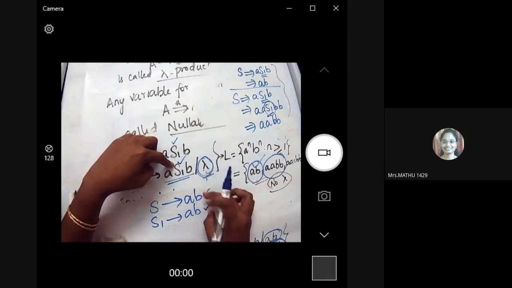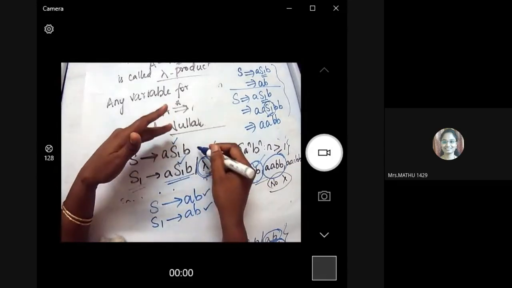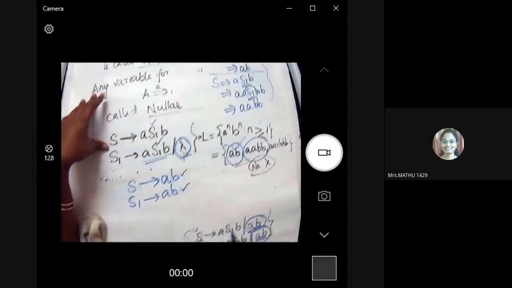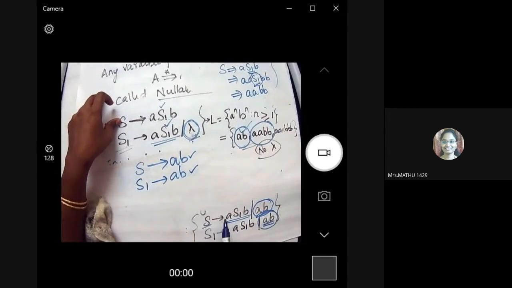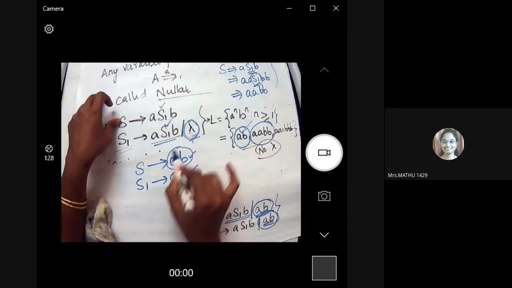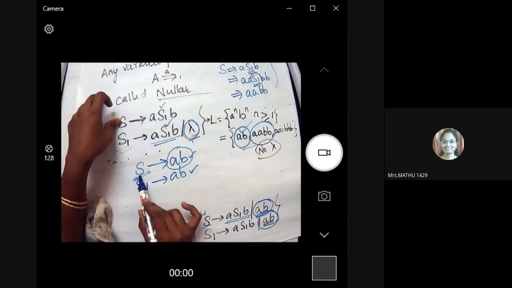Now these two productions, you can include in the grammar. This production will remain as it is: S gives A S1 B. Along with that, we are adding this new production that belongs to variable S: S gives AB. So we are adding one more production to the equivalent grammar.